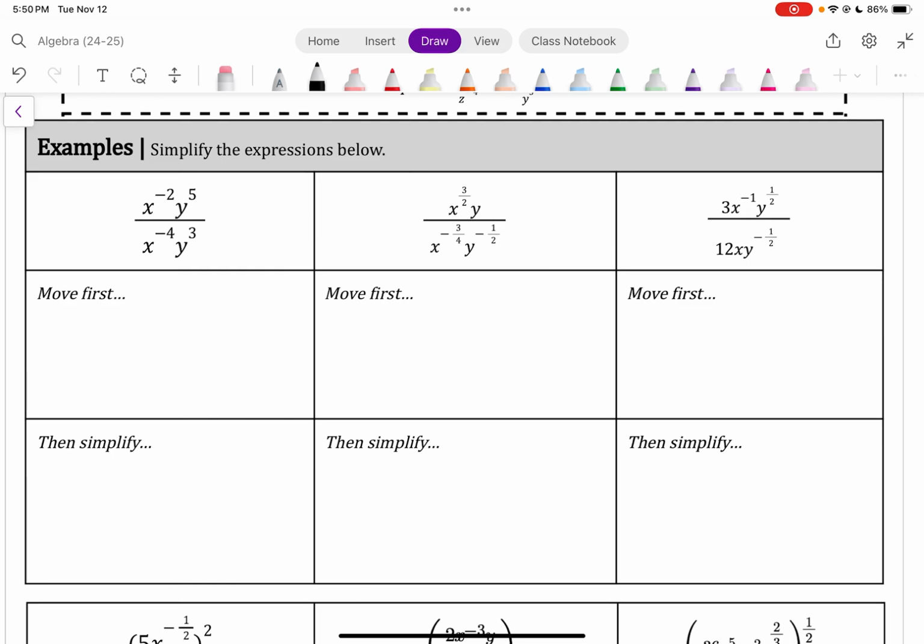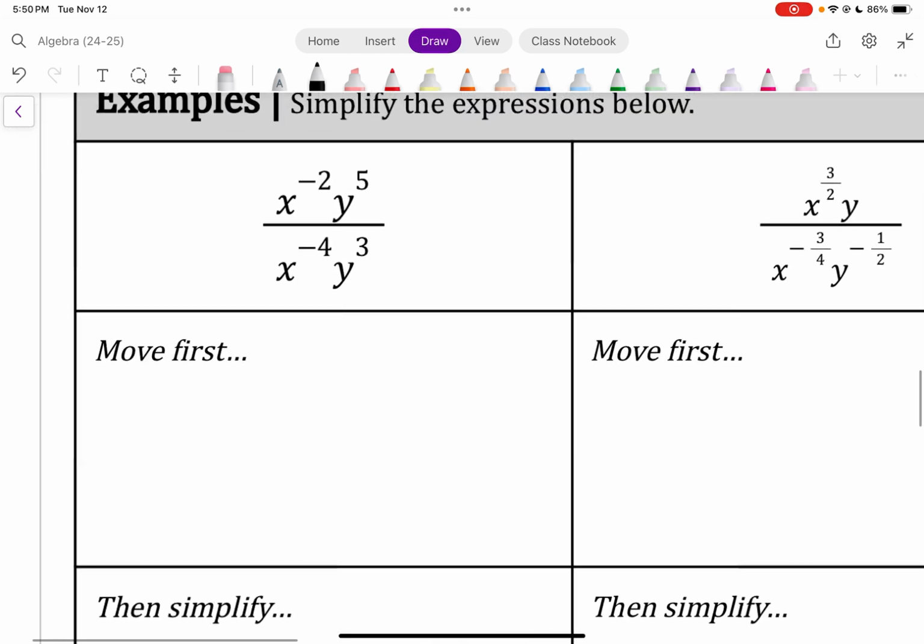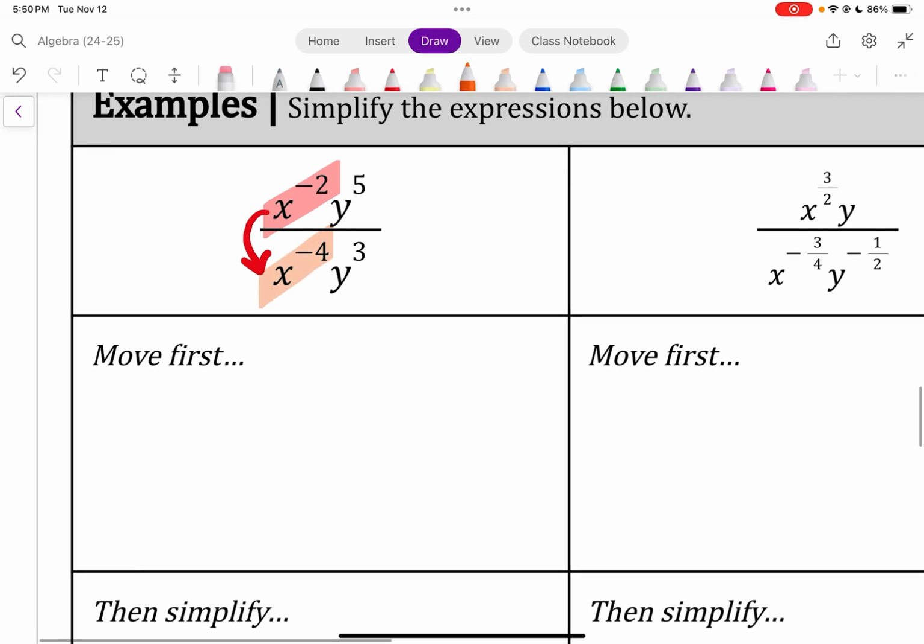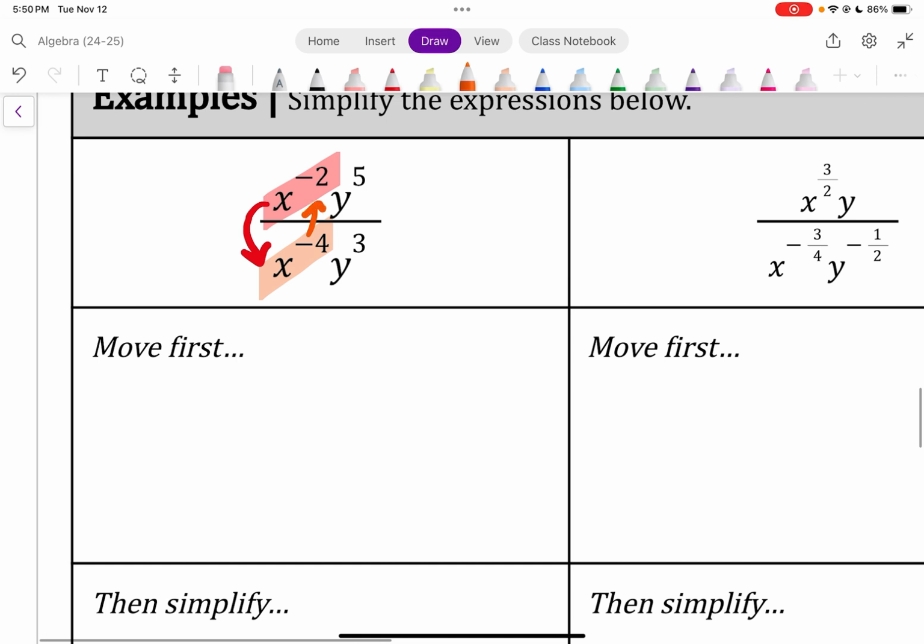Okay? So let's go ahead and look at our first example. So I have x to the negative 2. That is on the top. It is an angry exponent, so I'm going to move it down. Okay? So moving x downstairs. I see an x to the negative 4. It is in the denominator, but it should be in the numerator. So I'm moving it first.